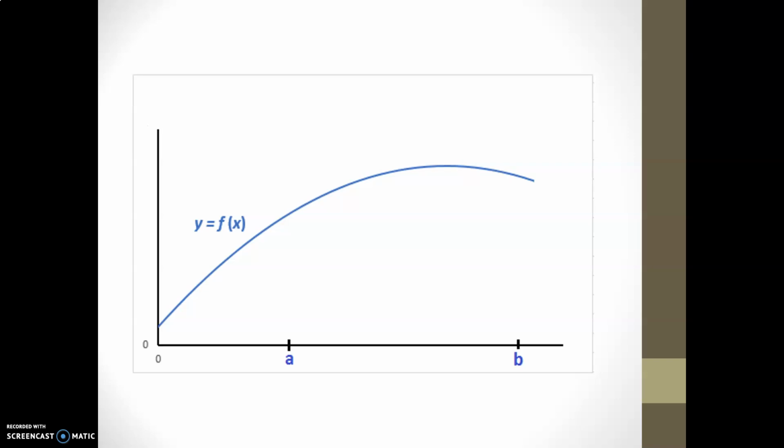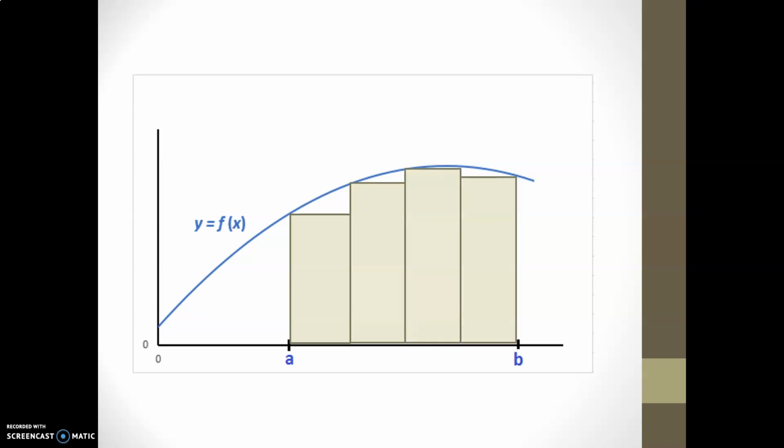So consider this curve where points on the curve respect the equation y equals f of x, and consider the interval a to b. One approach that was taken by Riemann was to simply squeeze in rectangles that were contained between the x-axis and the curve itself.